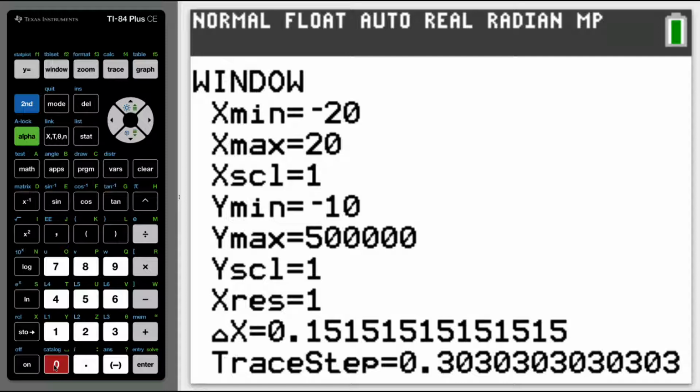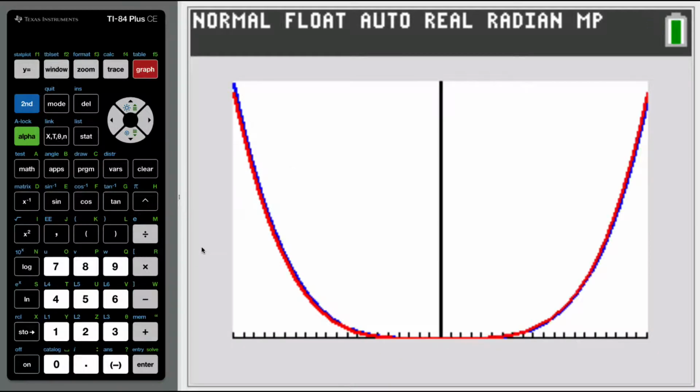So I want some really big y values so that I can look at these graphs. Now, as I hit graph, what we notice is that since we have this zoomed out look, our graphs are almost overlapping. So that more complicated f of x function, we can model the end behavior of that by just using that simpler g of x function.